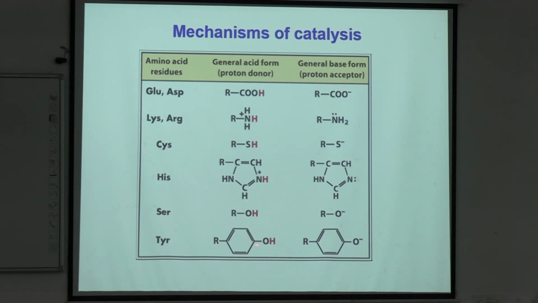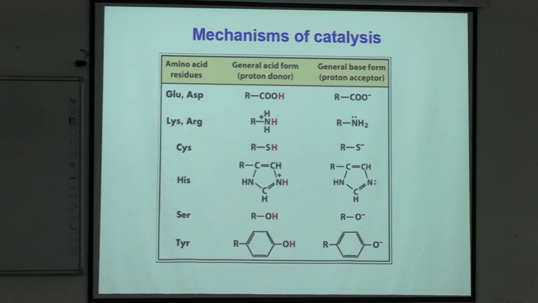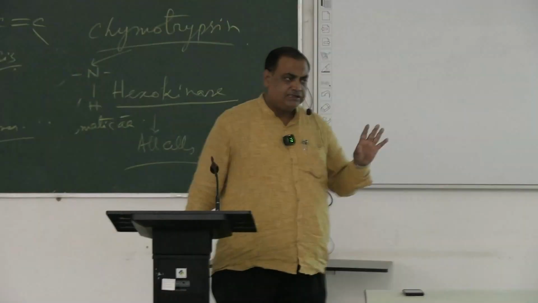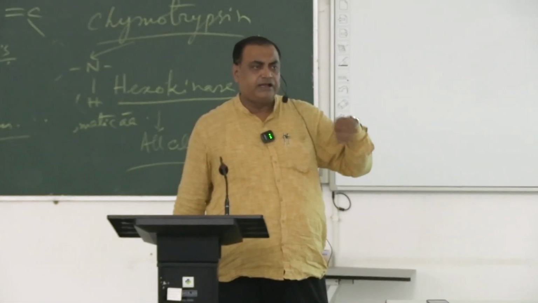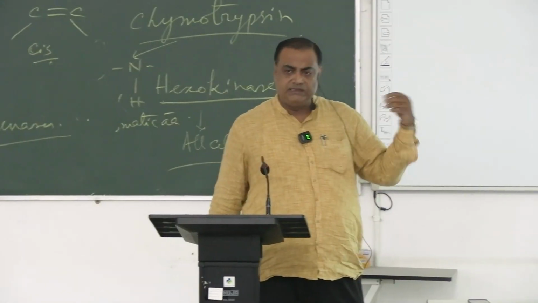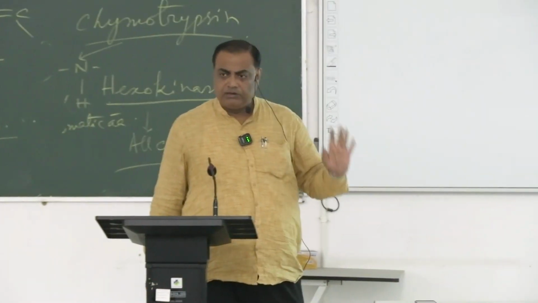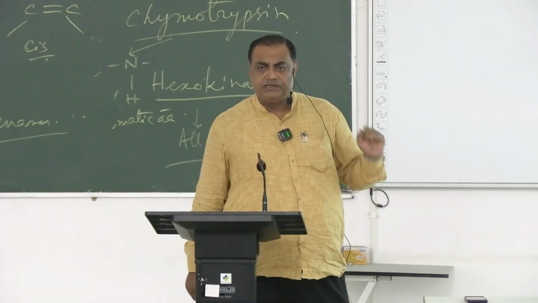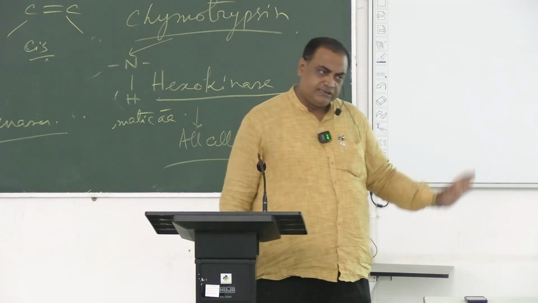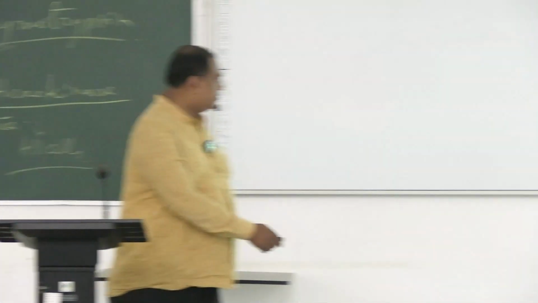Tyrosine, the hydrogen of this OH group can be donated. So, these are 2 forms, okay. If these things are there, they are acting in acid base catalysis. If the active site or catalytic site of the enzyme contains these residues, they probably participate in general acid base catalysis. That is what I wanted you to remember.